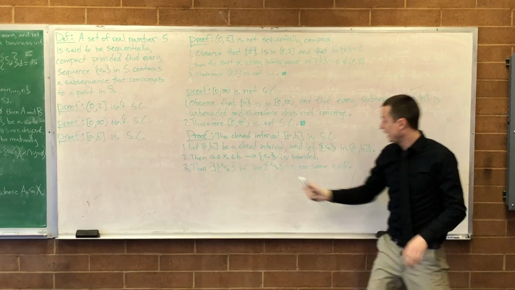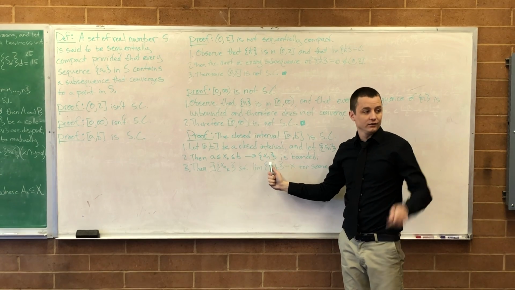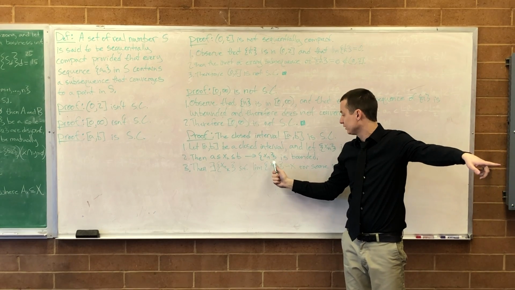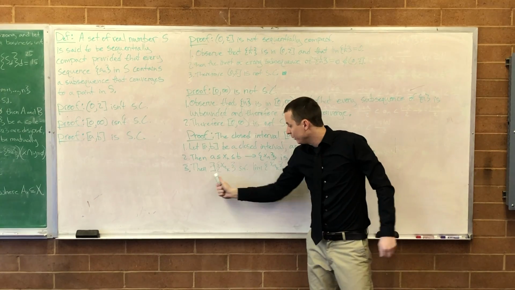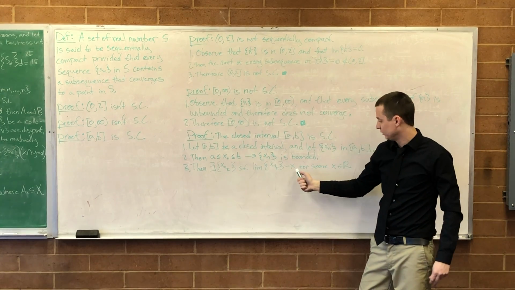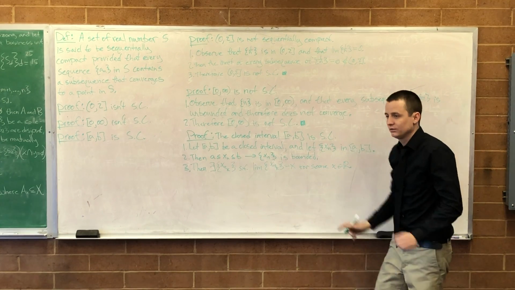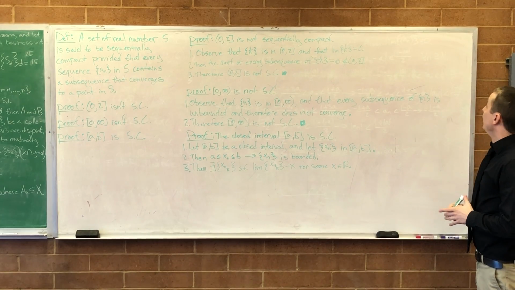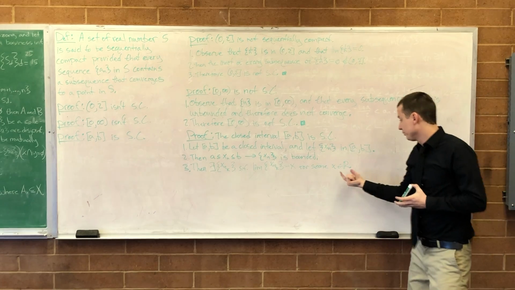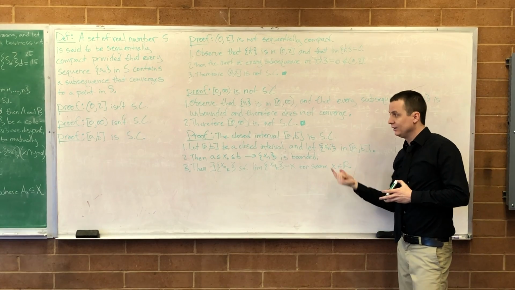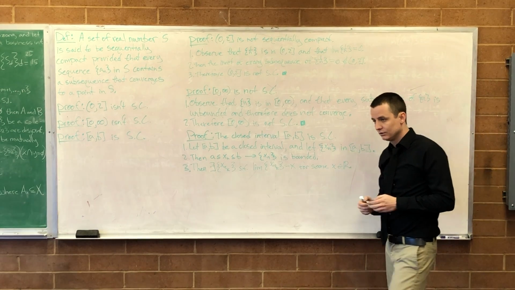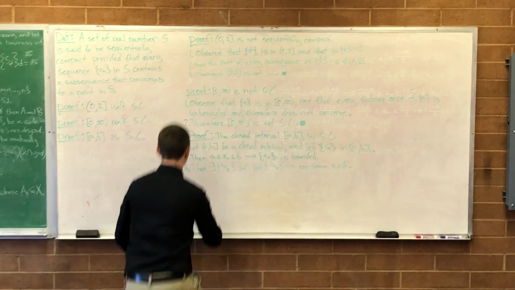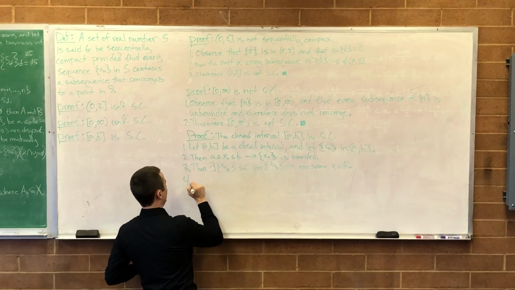So we know, since x sub n is bounded, and since we know every bounded sequence has a convergent subsequence, then there must exist some subsequence such that it converges to some number x. Right? Okay. What are we trying to show? We're trying to show that x is in AB.